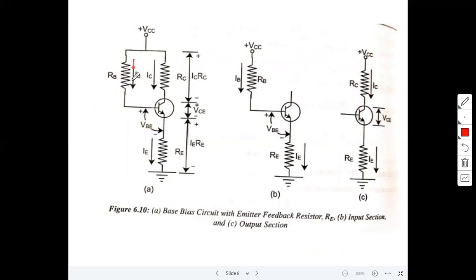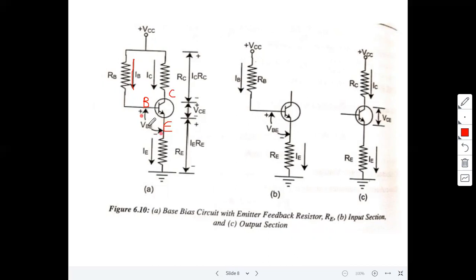The current flowing through RB is IB, and the current flowing through RC is IC. This is the junction voltage between the base and emitter. Remember these are the terminals: this is the base, this is the emitter terminal, and this is the collector terminal.